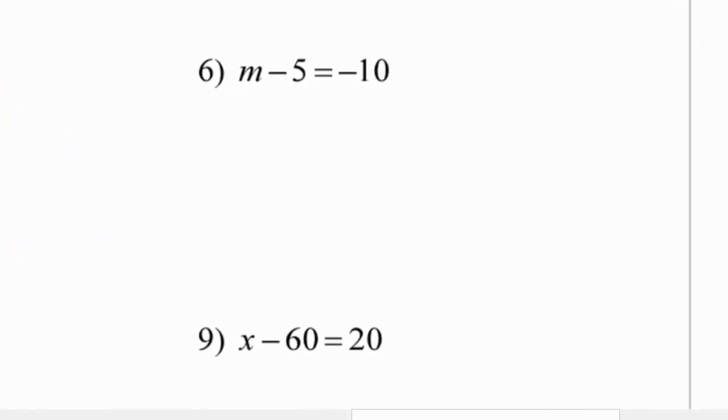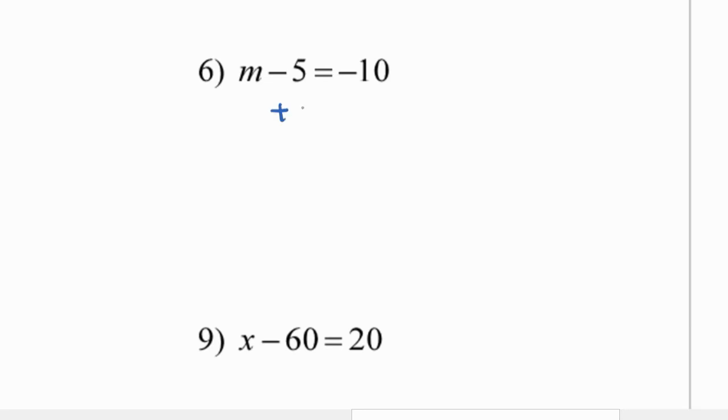All right, next question. M minus 5 equals negative 10. So what's our final goal? Our goal is to isolate m. To isolate m, we have to do an opposite operation, inverse operation of minus 5.